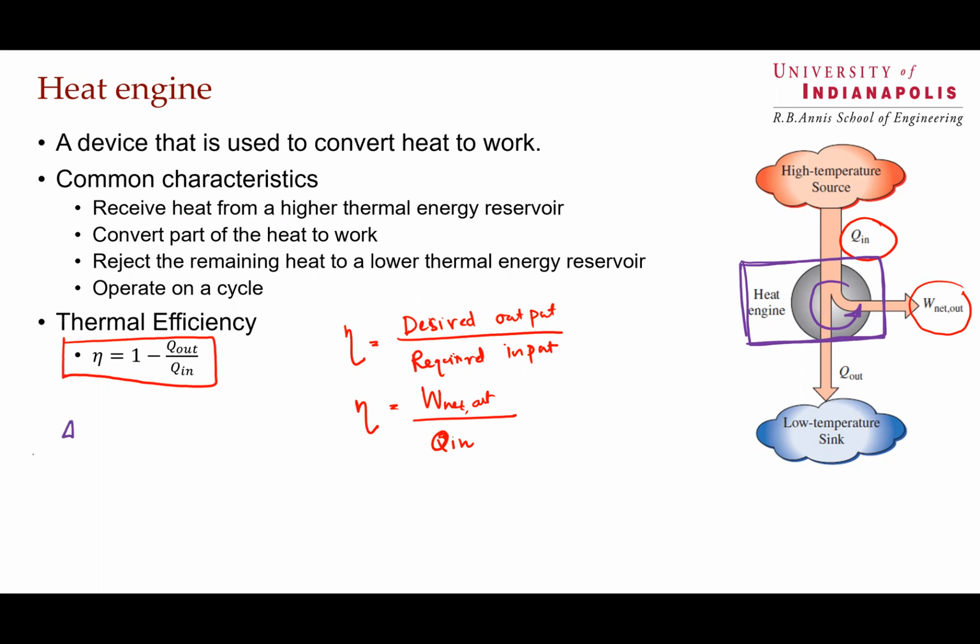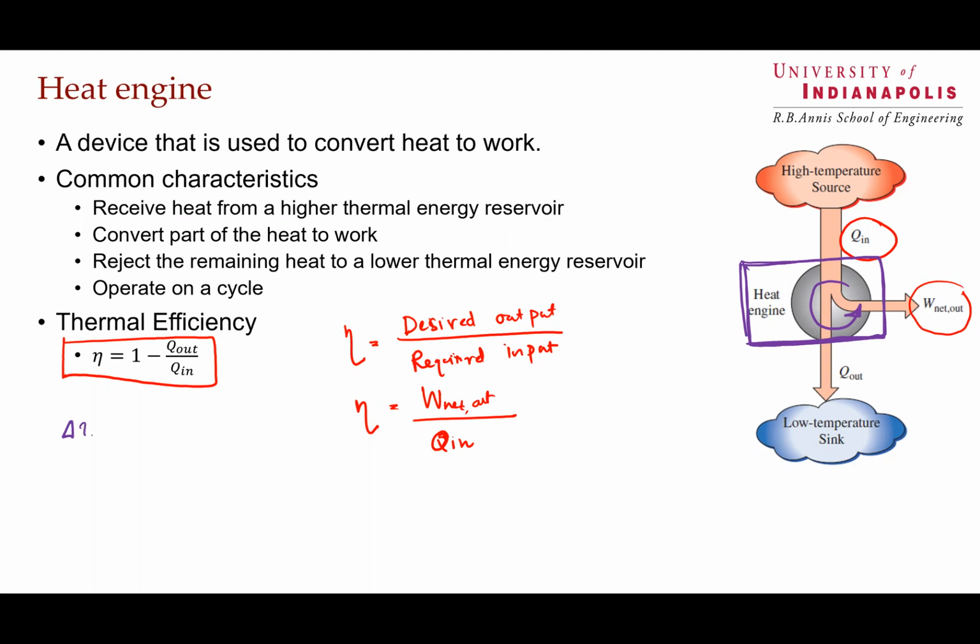This is a closed system, because there's no mass interactions here. There's only heat and work interactions. There could be mass interactions inside the cycle, but I can take the complete cycle as a collective closed system. My surroundings is outside, this lower temperature thermal reservoir, and then the high temperature reservoir.